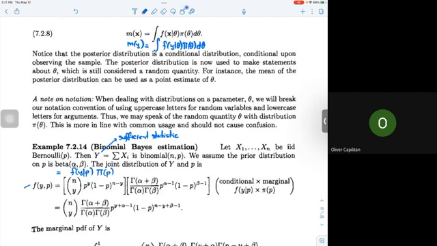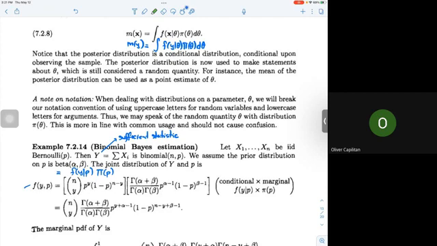So this is the binomial, because Y has a binomial distribution. So we have here a combination of n taken y, and then the probability of success p raised to y, probability of failure 1 minus p raised to n minus y. This is the distribution of our sufficient statistic Y.